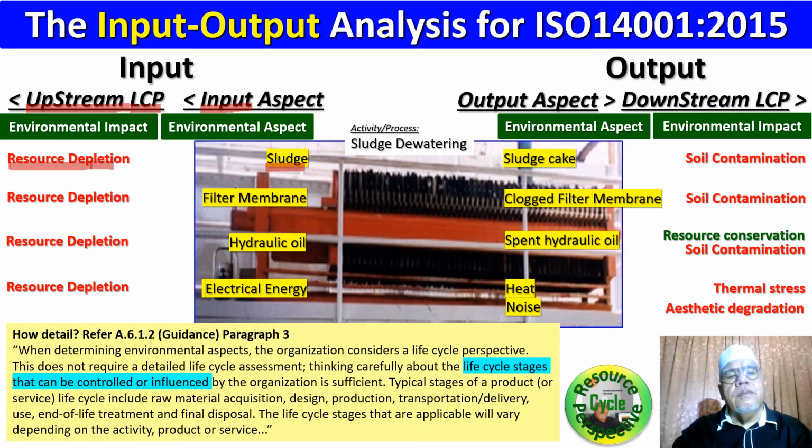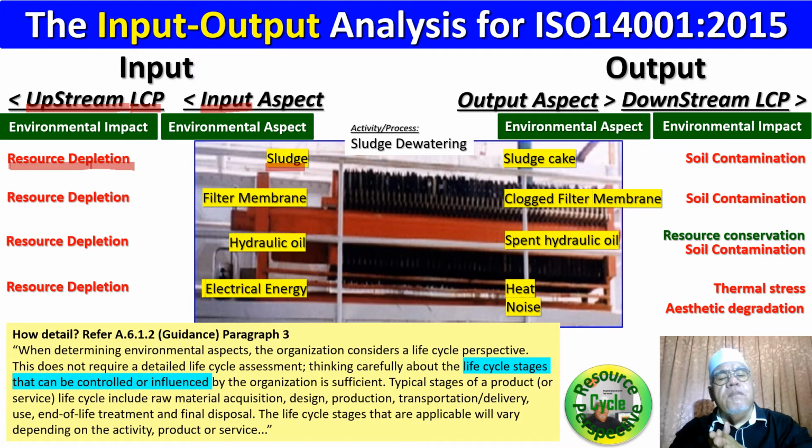Now, this is classic for an environmental management system. Materials would eventually lead to resource depletion. But if you decide to go by the life cycle stages, not until resources, you can stop at perhaps the environmental impact of, what?